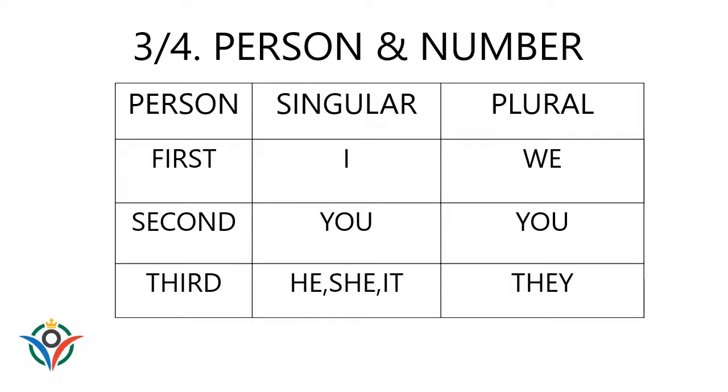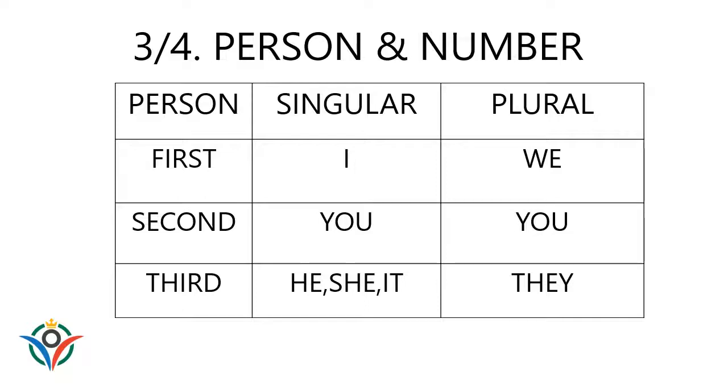We'll do the third and fourth characteristics together, which are the person and the number. So the person tells us who the actor of the verb is, and the number will tell us whether the actor is singular or plural. So that information is communicated in this table.